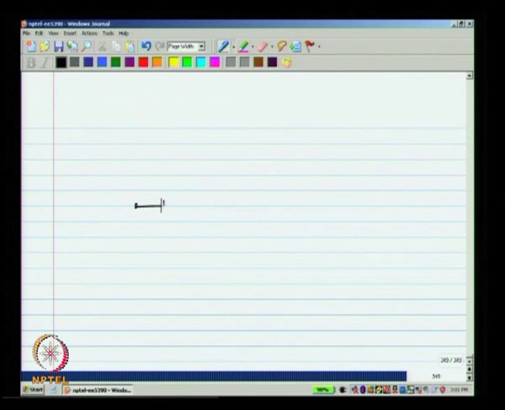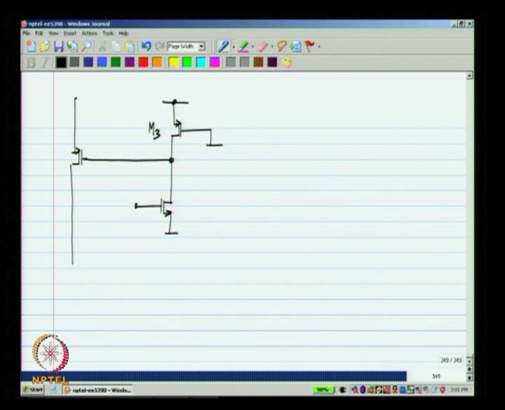So, we will have M1 with its source grounded, M3 with its gate grounded, okay, and this is M13 and M14. Okay. So, this is the output.